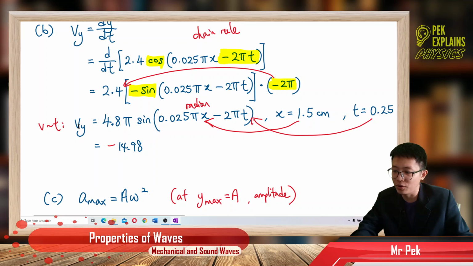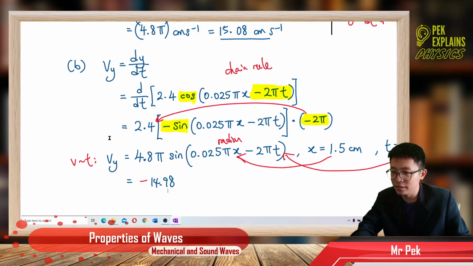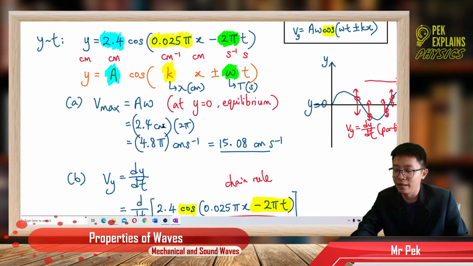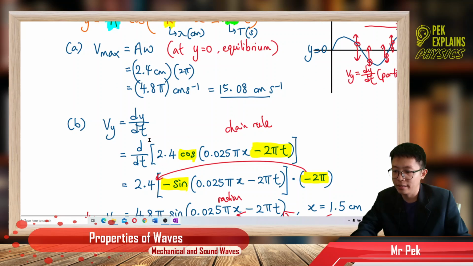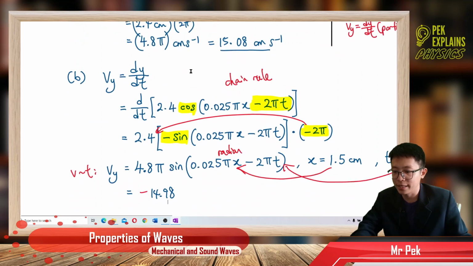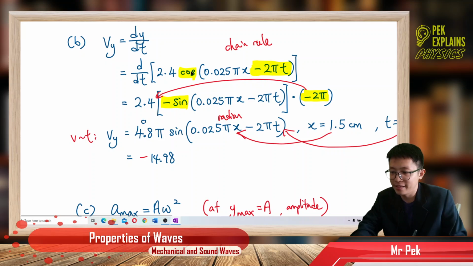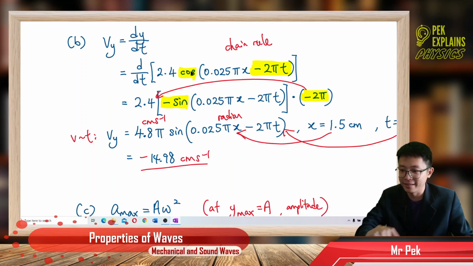What's the unit for this velocity? Because our maximum velocity, Vmax, is A omega, and our A omega is cm per second, so our velocity is cm per second, not meter per second.